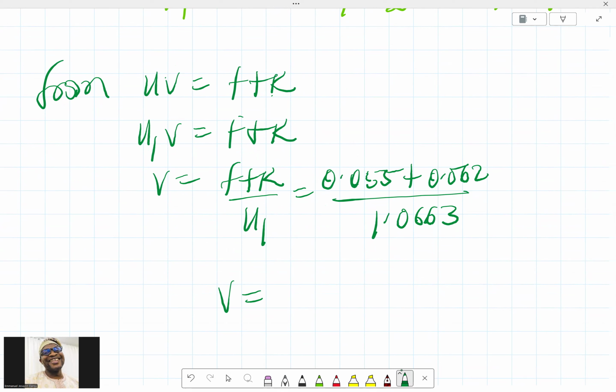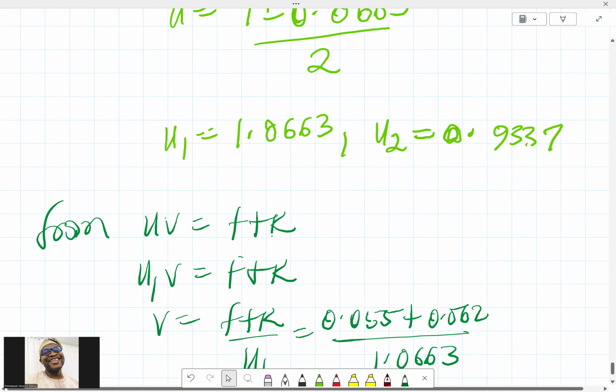So V in this case would just be that expression: 0.055 plus 0.062, divided by 1.0663.